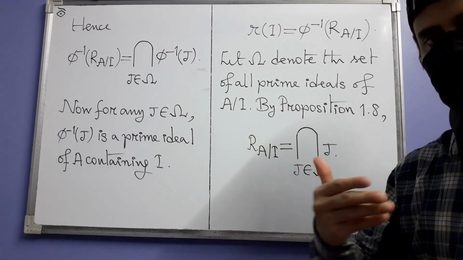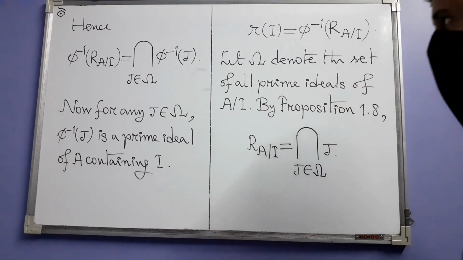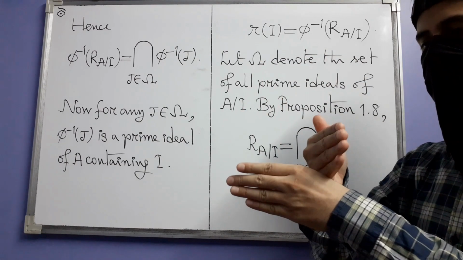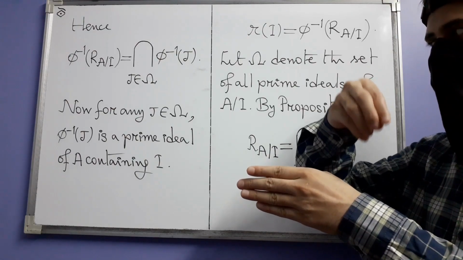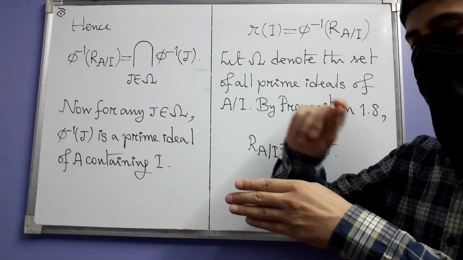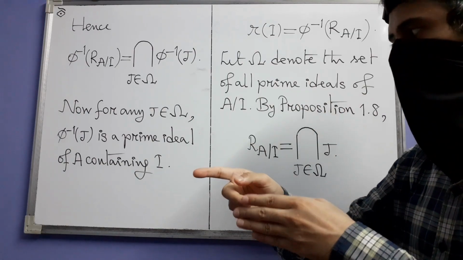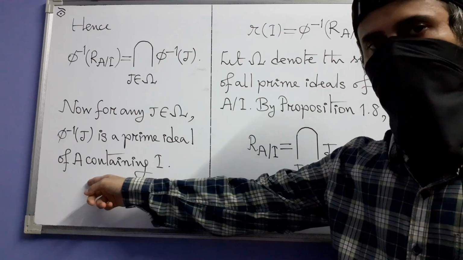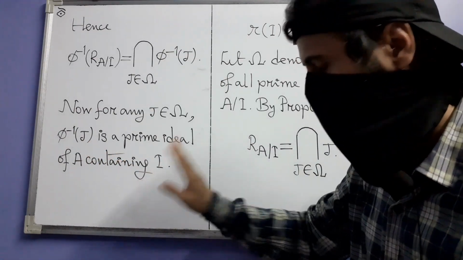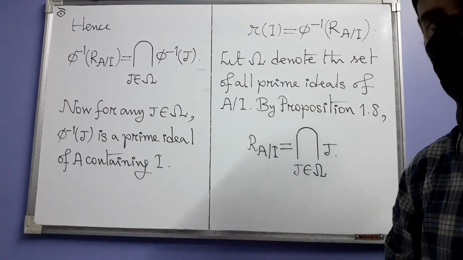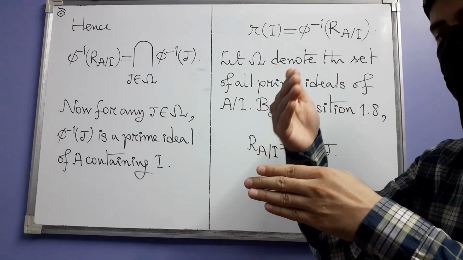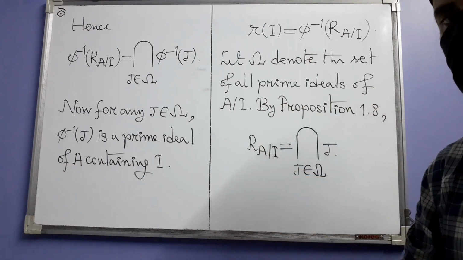Do we have a homomorphism in the picture? Yeah, of course, this phi. This phi is the homomorphism from A to A/I, and we are taking a prime ideal J in A/I. So its inverse image under phi is going to be a prime ideal in A. But we also, of course, already know that it's going to contain I, because our homomorphism phi is a homomorphism of A onto A/I. That is why.